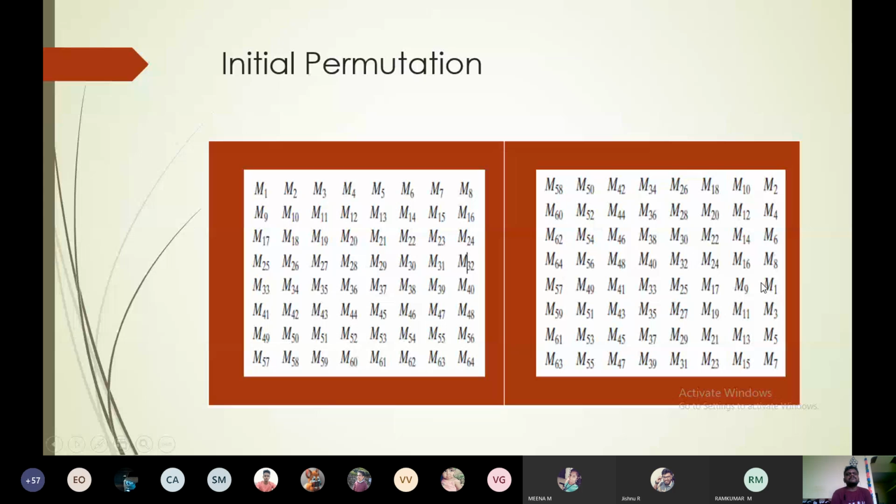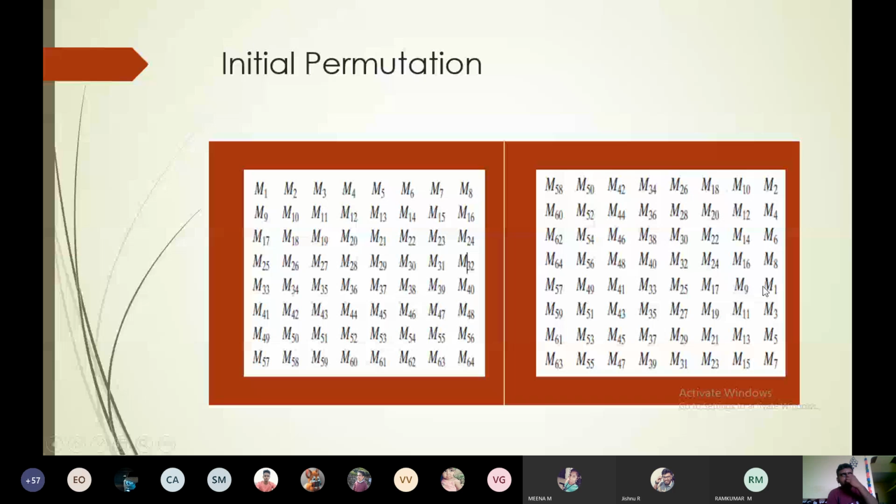At last, by the inverse initial permutation, this M1 data is rearranged into its original position. This M1 data will come back to the original position. Now that A has become yes, the yes will be in the same position where the plain text was before encryption.